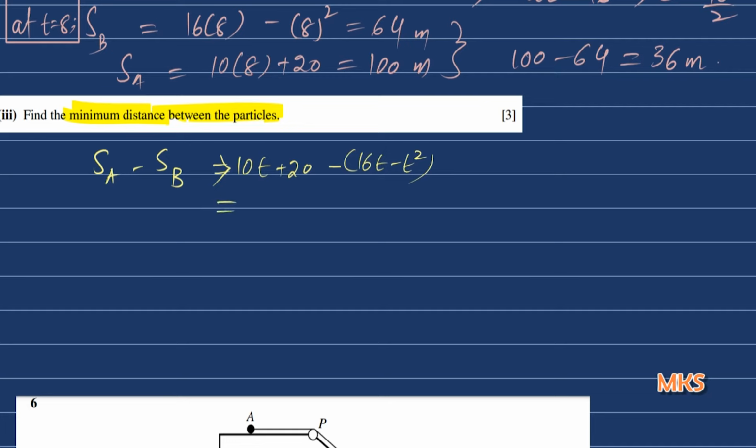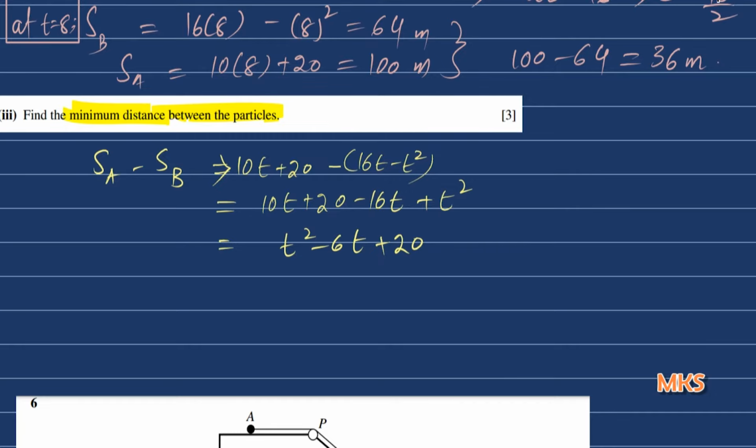So that will become 10t plus 20 minus 16t plus t square. So that will be t square minus 6t plus 20. Now, this is the displacement or the distance between the two particles.